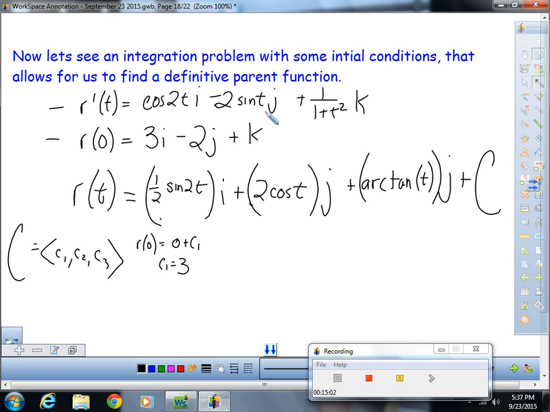If we put in a 0 for t, cosine of 0 is 1, and 2 times 1 is 2. So r of 0 is 2 plus c2. However, r of 0 is negative 2. So our c2, okay, must be negative 4.